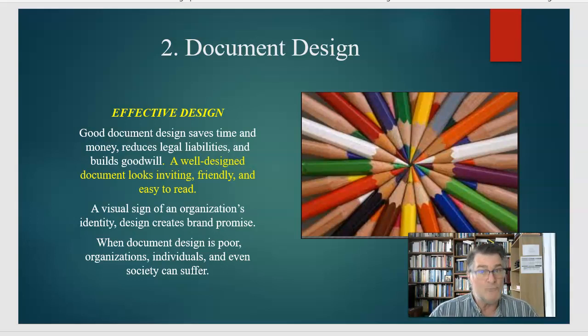Now, a really good paper can be designed effectively with graphics in terms of just framing the page. A good document design is really worthwhile to take the time to set up so that it's easy to read, right? It looks inviting, it's friendly.